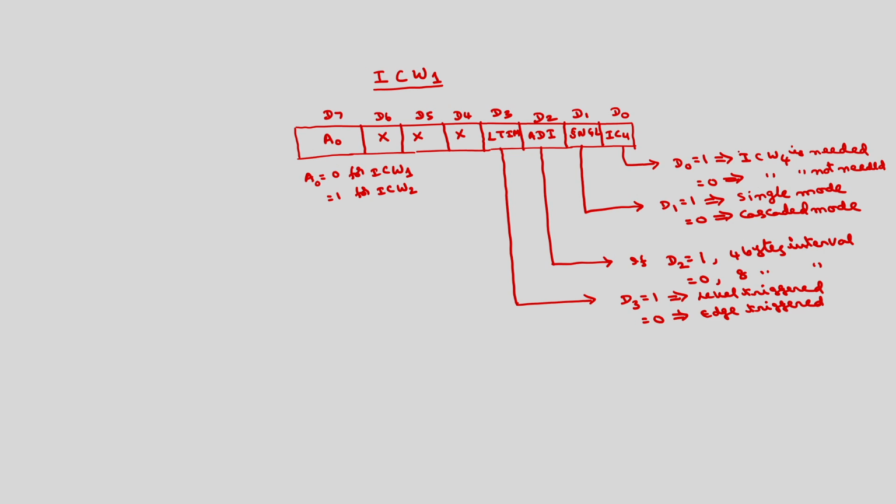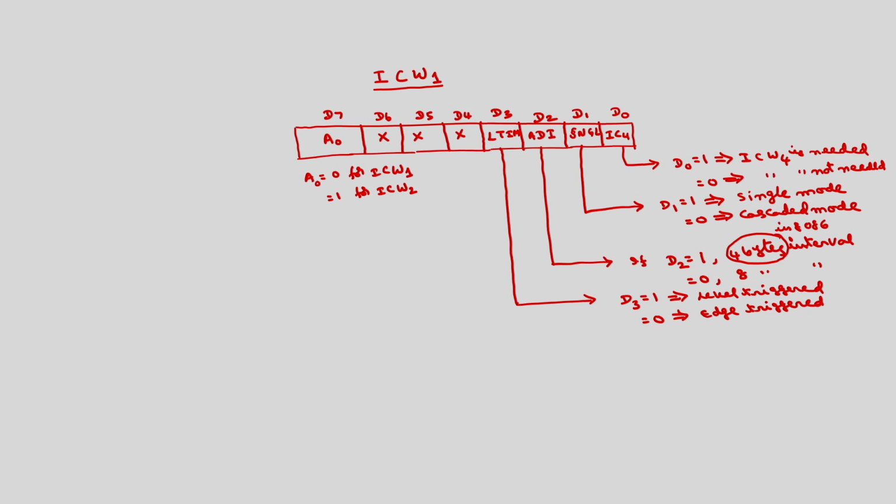It decides whether ICW4 is required or not, whether we operate in single mode or cascaded mode, and what the interval between two successive interrupt vectors is, 4 bytes or 8 bytes, but in case of 8086 by default 4 bytes. It also decides whether the interrupts are level triggered or edge triggered. This information is supplied by initialization command word 1.